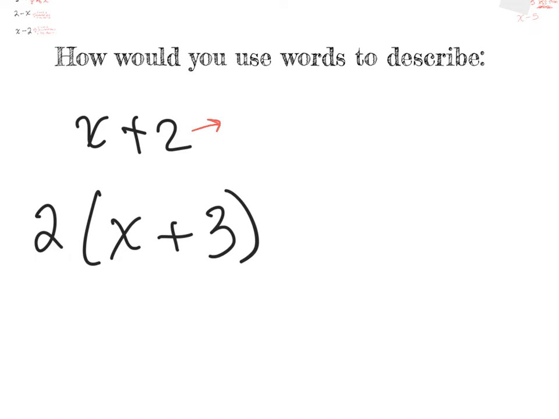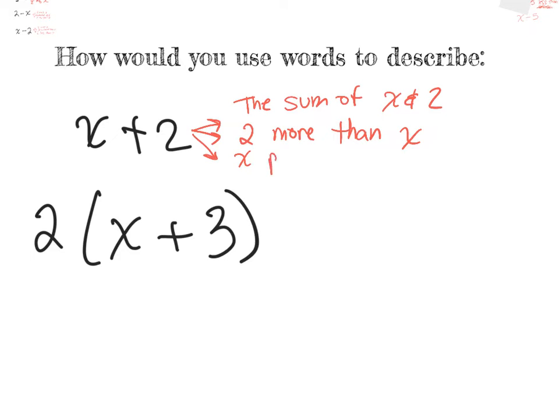In this case, order doesn't matter because addition is what we call commutative, which means you can move it around. 4 plus 5 and 5 plus 4 means the same thing. This is the sum of x and 2, or 2 more than x, as in you added 2 to x. Simply stated, x plus 2.